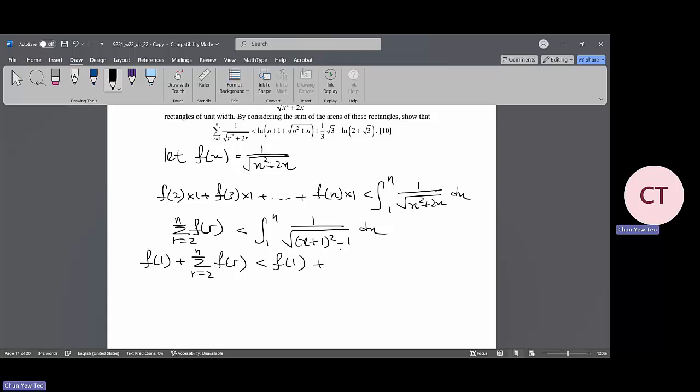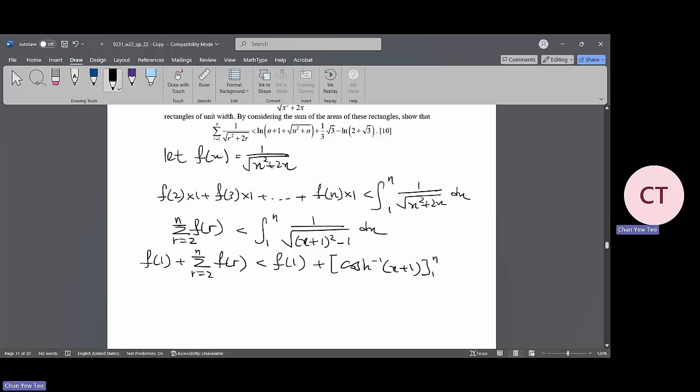Now to integrate this one, just use the formula booklet MF19. Just refer to the formula MF19. You can get this one as the arcosh of x plus 1 from 1 until n.